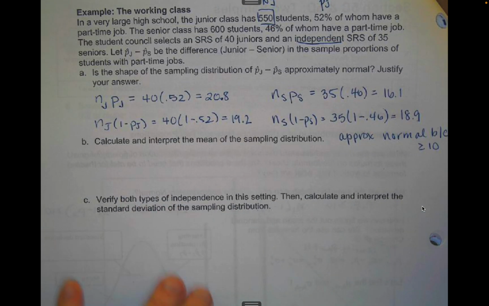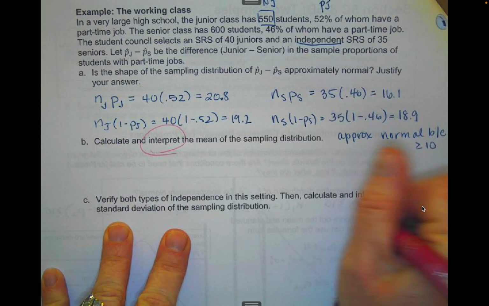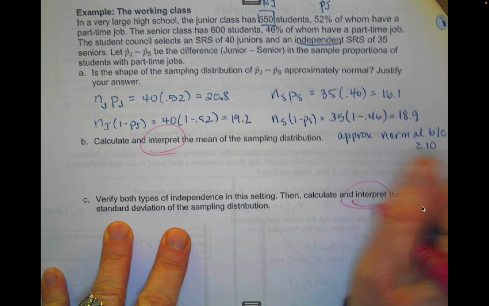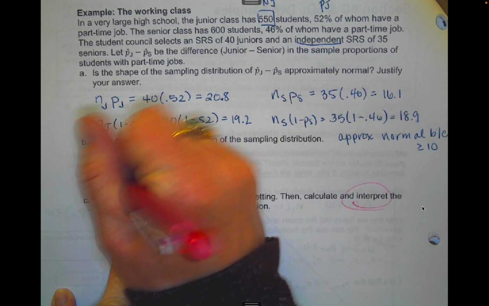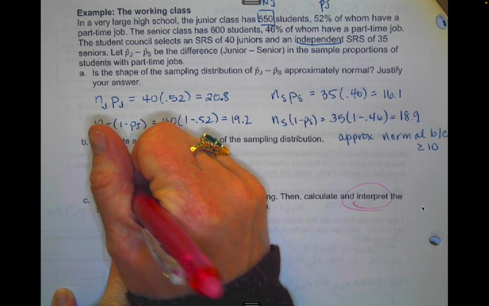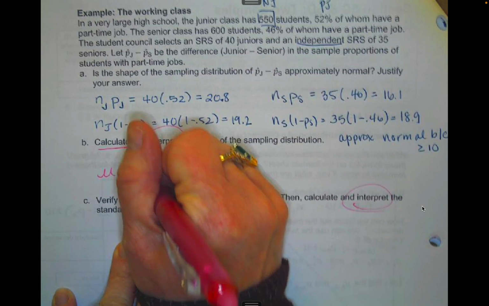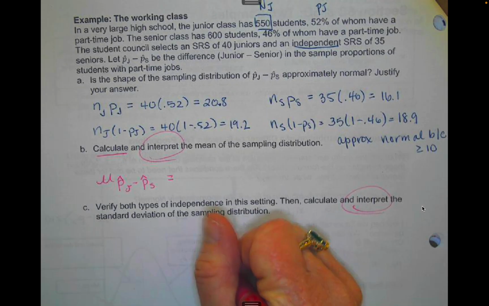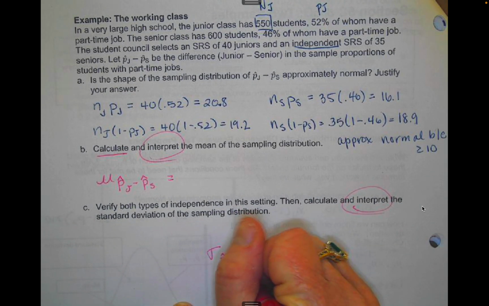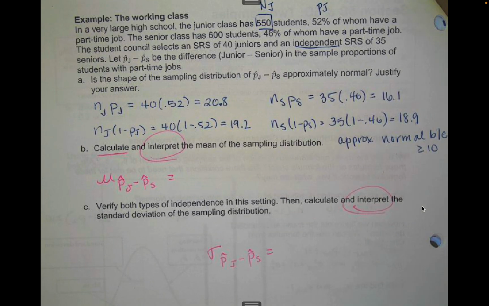Go ahead and we'll just do one big interpretation at the end. And we'll talk about the verifying in a second. Right now, why don't you just calculate the mean of the difference and find the standard deviation of the difference. And I'll just put the formula sheet up here again so you can see those formulas. And then I'll talk about the other little things and we'll do the interpretation.